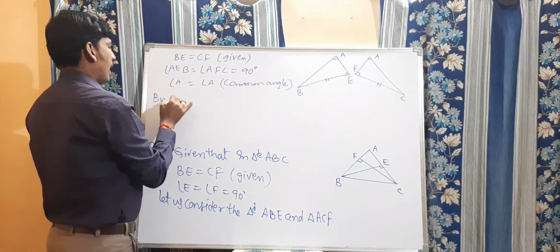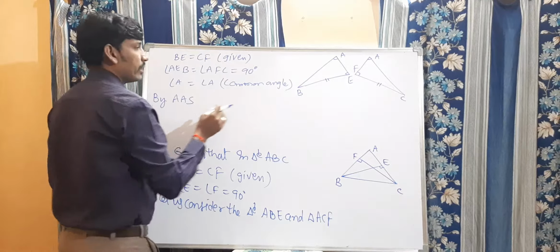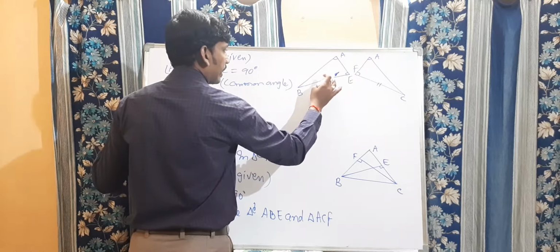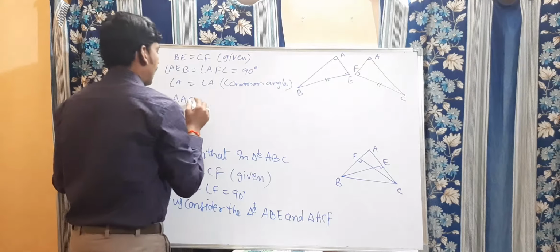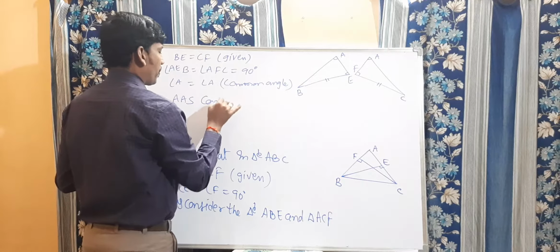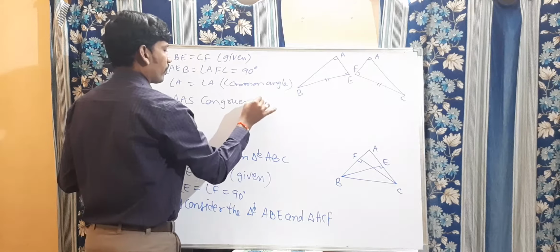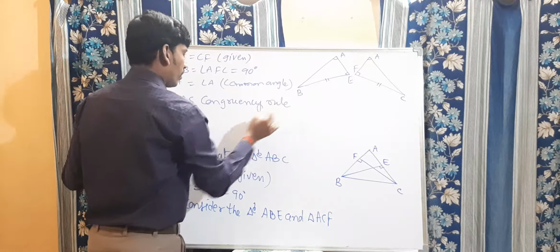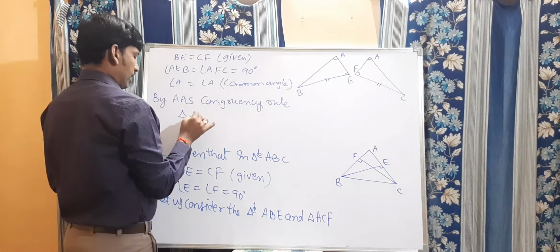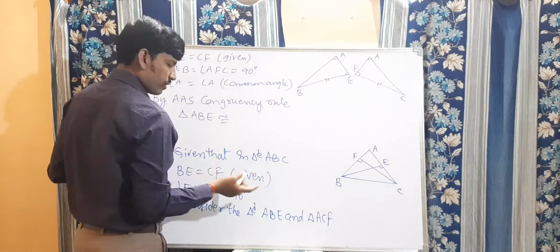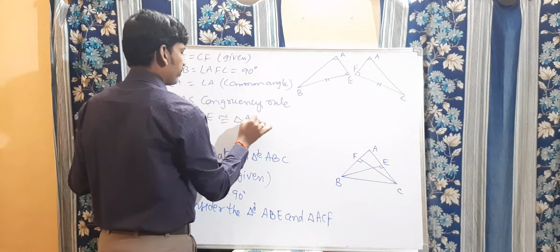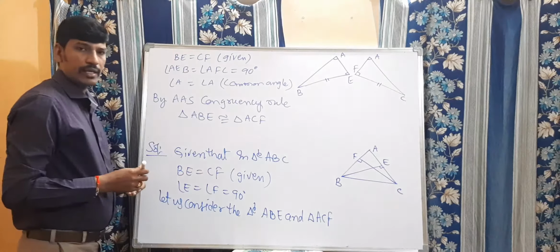Right, by angle side, by angle side congruency rule, we can say that triangle ABE is congruent to triangle ACF.